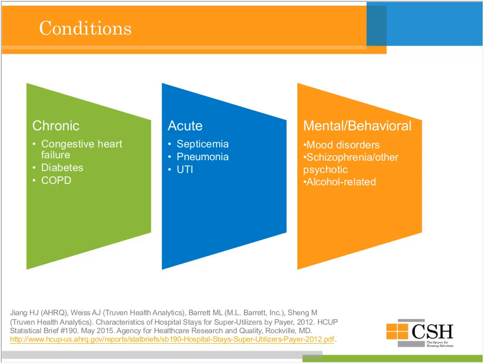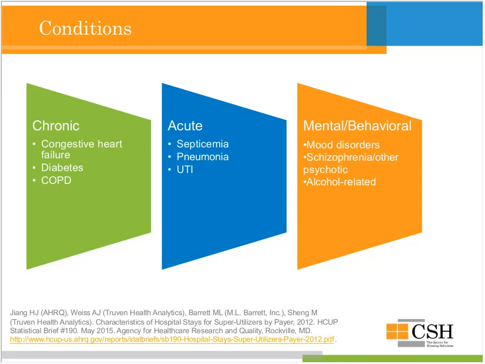So after we've discussed system use already, let's get to discussing some health conditions that are prevalent for frequent users. A recent study found that frequent users or super utilizers of Medicaid were more likely to be admitted for medical versus surgical or other types of conditions and had mental health and substance use disorders among their top 10 diagnoses.